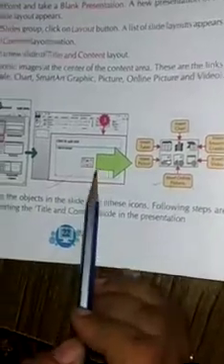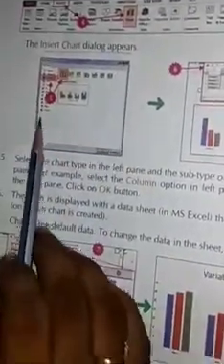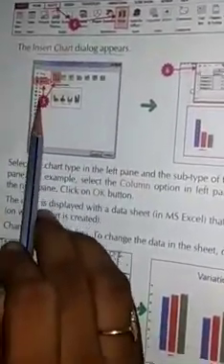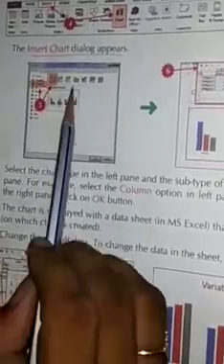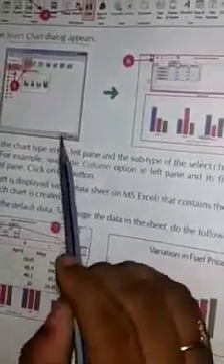Then after that this picture will appear, insert chart icon. Then insert chart dialog box appear. Choose the chart type, column chart, line chart, pie chart. Then select the column chart and click on the OK button.